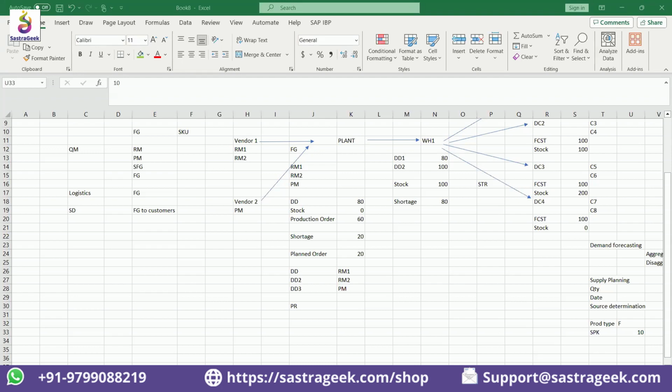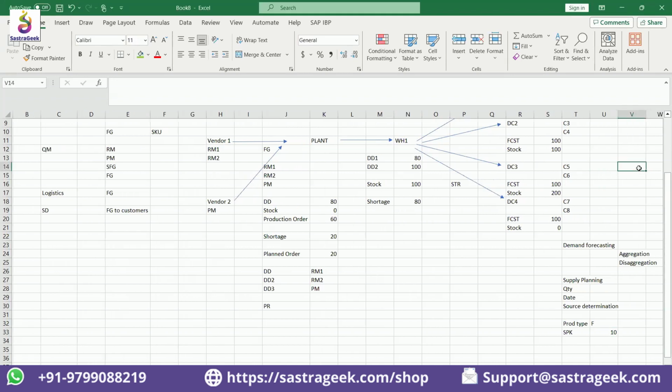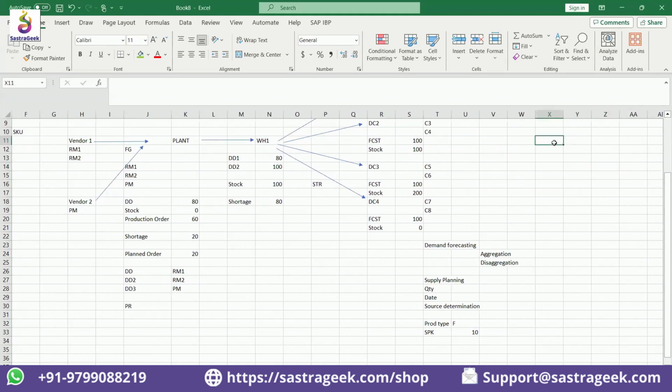So we talked about roles. We also mentioned the demand planner role and a supply planner role. From the IT perspective, you may have expertise in setting up demand planning, or in setting up supply planning.